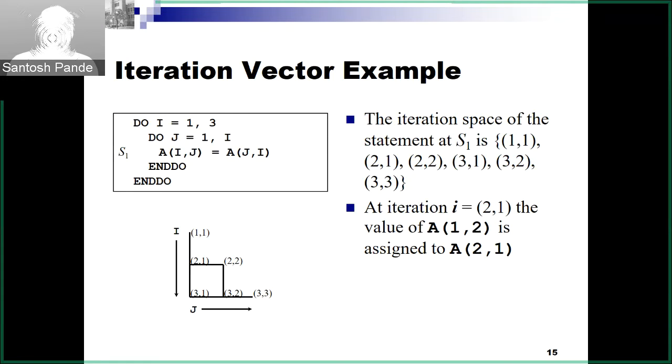So in order to determine the dependencies, we'll devise different techniques which will take the iteration space and try to project it onto the data space, which is the array references, and find out if there is a dependence or not. And that's basically the main topic of dependence analysis we're going to look at later today.